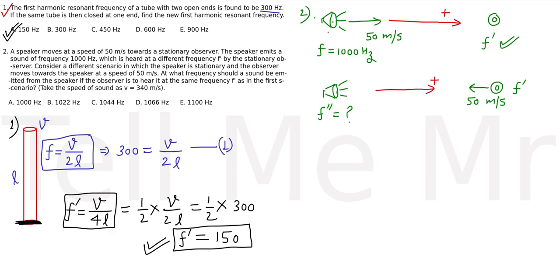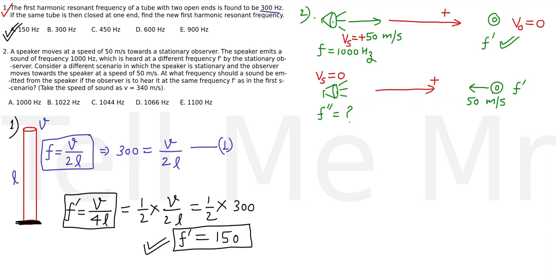So in the first scenario, the speaker is moving, so the source is moving, so we will write the velocity of the speaker, or velocity of source, as plus 50 meters per second, because the motion of the speaker is parallel to this positive direction. And the velocity of the observer will be 0 because the observer was stationary here. In the second scenario, the source is stationary, so Vs will be 0, and the observer is moving towards the source.